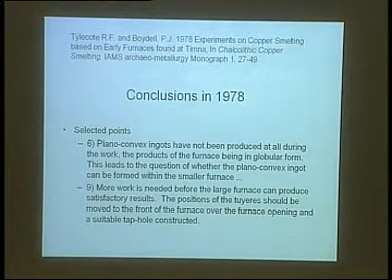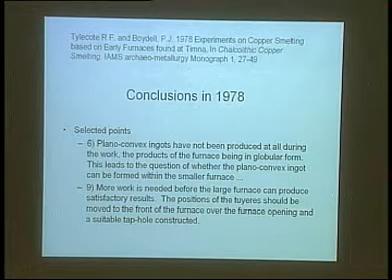And then in '78, when I joined the project, my role was to assess some of these points that were still unclear. Were plano-convex copper ingots produced from smelting, or is it a secondary refining product? Also, much more needed to be done with the slag and the large furnace to get the right combination.